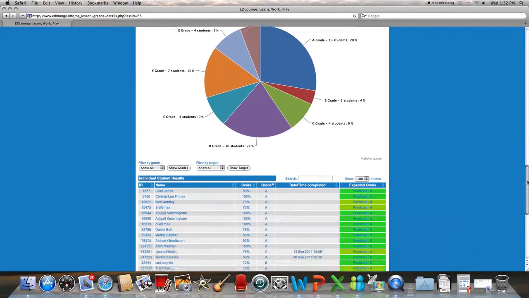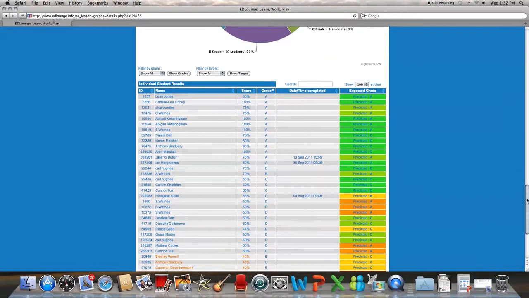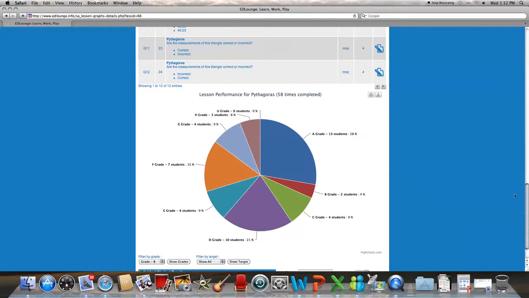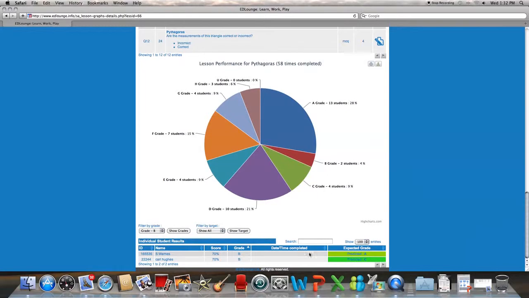It could be your class, it could be a cohort of students. From that you're able to really look at target teaching, perhaps students, so we're able to filter by grades. Okay, so we could show by grade B, show grades. There's our B's down at the bottom here.